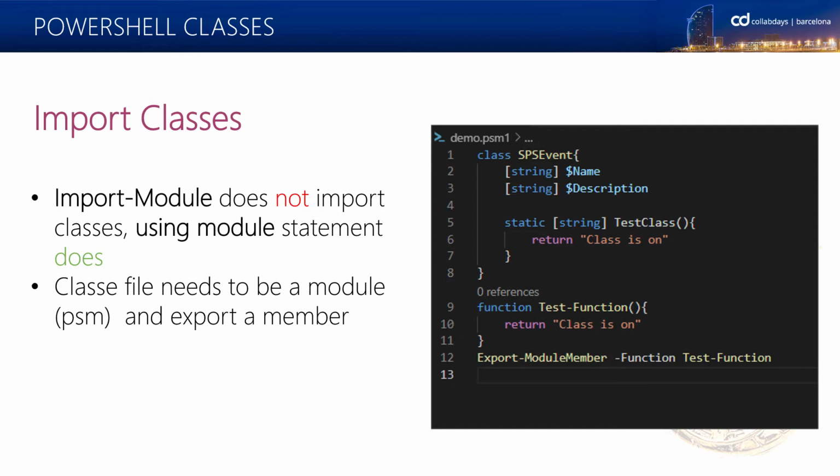And another thing that is also interesting about using module: imagine that we are writing a class, and you need to use a module that has a class outside of that file. The using module statement needs to be the first line in your script, or else it doesn't work.